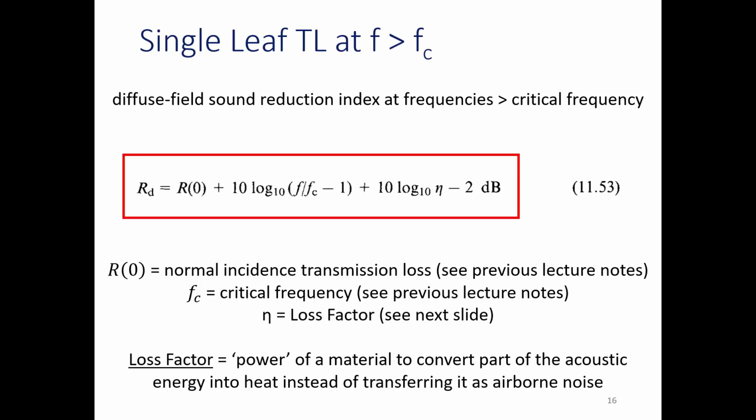Just the variables, I think I said all these as I described that. We have the normal incidence transmission loss, critical frequency, the frequency that we're interested in calculating for, and then the loss factor, which we'll cover on the next slide. That loss factor is the power of a material to convert part of the acoustic energy into heat instead of transferring it as airborne noise.